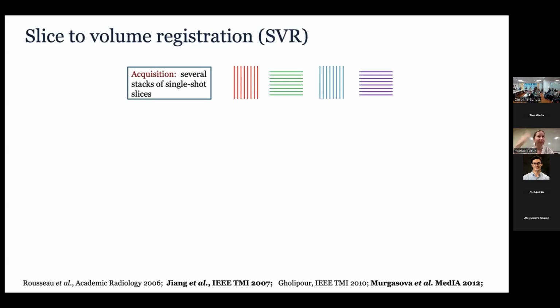I want to have axial, coronal, and sagittal to be able to do the diagnosis. So actually it was obvious, okay, we have these different orientations, could we co-register them together so that we get some 3D image from it? So they were the first ones.